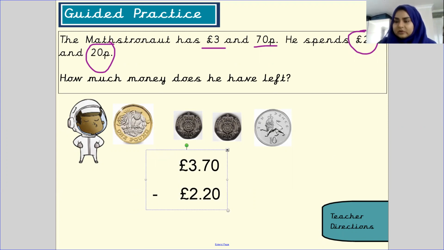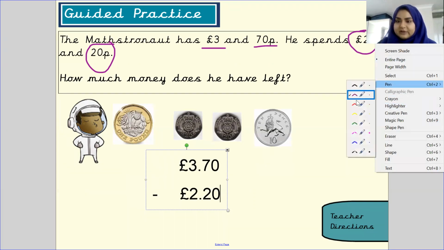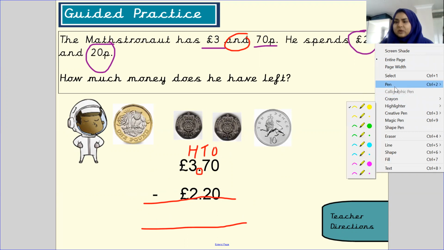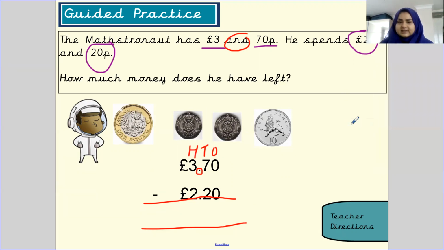This is how you would have found the answer if you did the takeaway. Remember your place values. You need to remember your place value grid, hundreds, tens, and ones. When we're talking about money and we say £3 and 70p, the "and" always means this decimal point here.